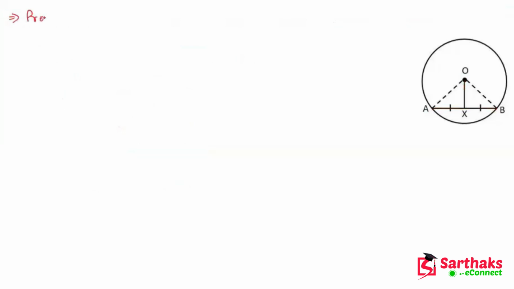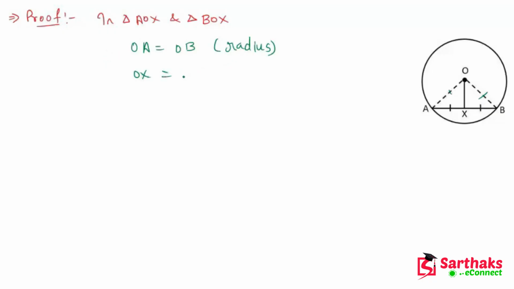So we are going to start the proof of this theorem. First of all, in triangle AOX and triangle BOX, in these two triangles, you can see OA is equal to OB, means this line is equal to this line because we know that they are radii. And OX is equal to OX because this is common. AX is equal to XB, so this is given.